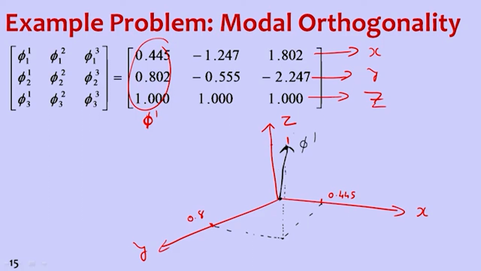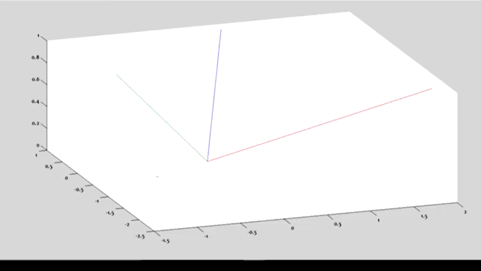Now when I compute the same thing for phi 2 and phi 3, let us look graphically at how it looks. Here you can see these are the 3 vectors. The way we generated phi 1, I am plotting phi 2 and phi 3.